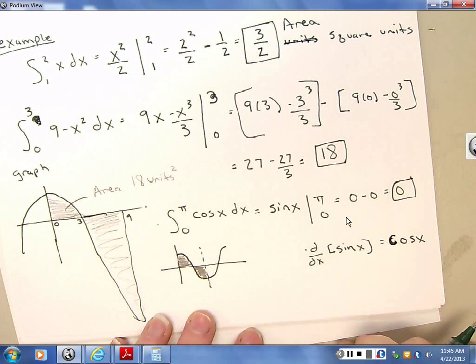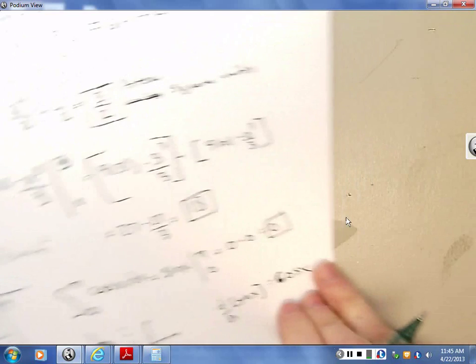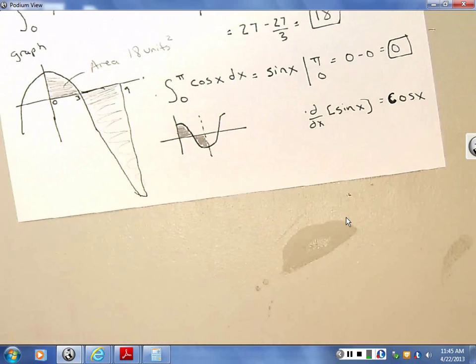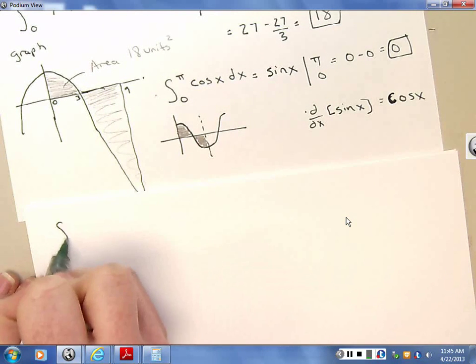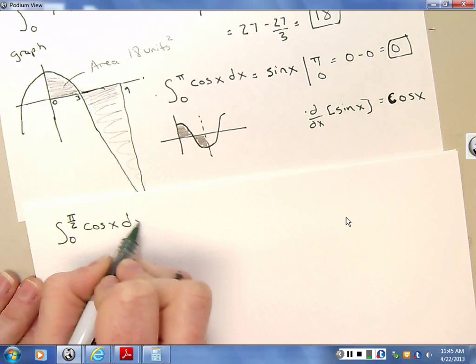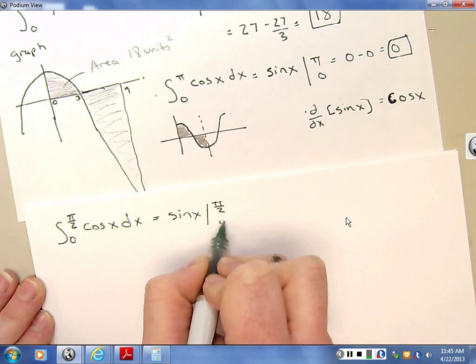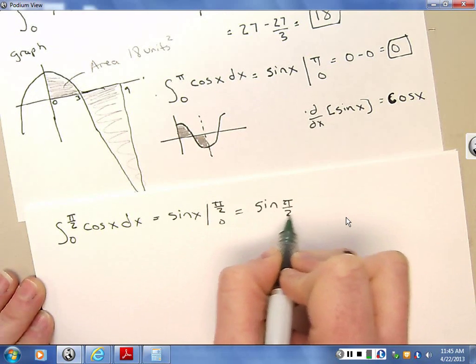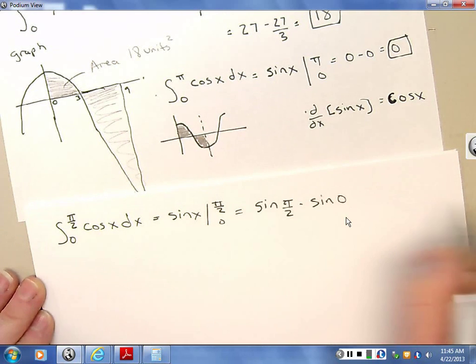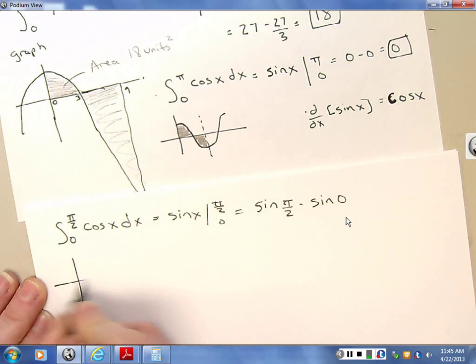sense, right? What do you think the integral from 0 to pi over 2 of cosine of x is? Well, that would be sine from 0 to pi over 2. So I have sine of pi over 2 minus sine of 0. What's sine of pi over 2? 1, right?